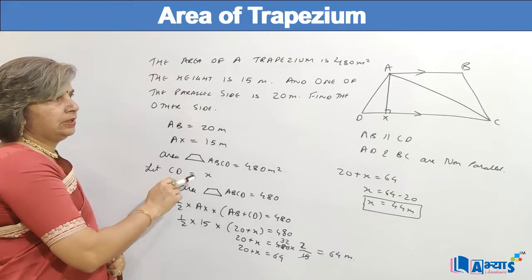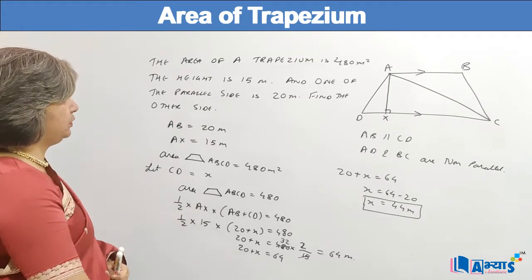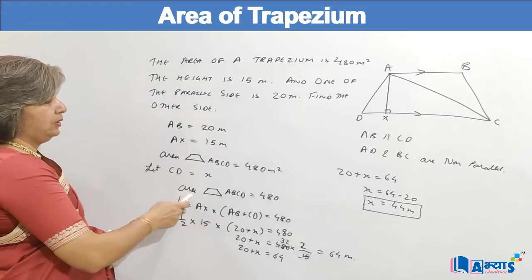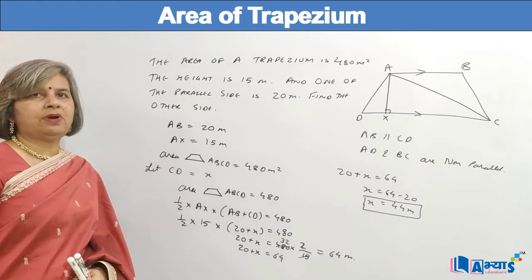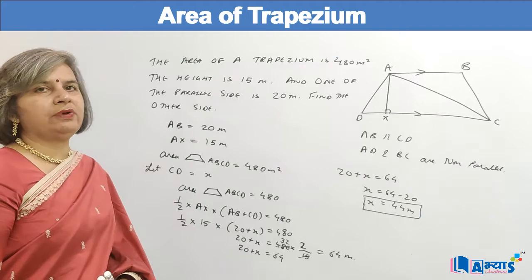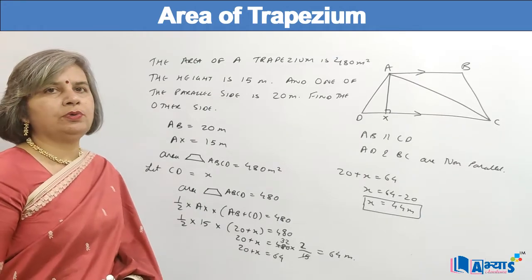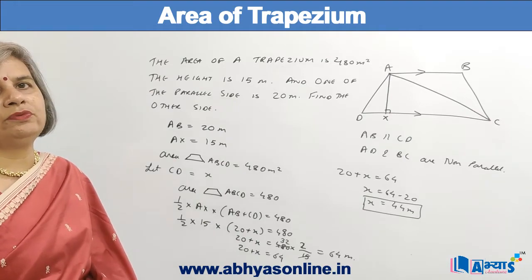We have assumed CD to be X because we are supposed to find CD. Area of trapezium is 480, so I have substituted the values in half into height into sum of parallel sides and found that X is equal to 44 meters. So this is how we can find the other side using the formula of the area of a trapezium, half into height into sum of two parallel sides.